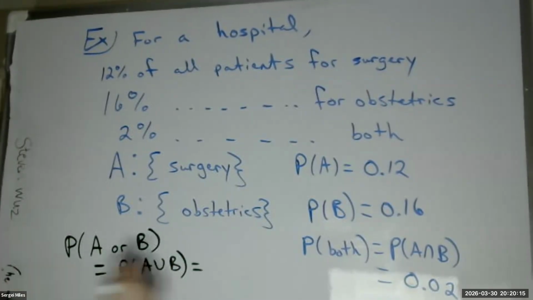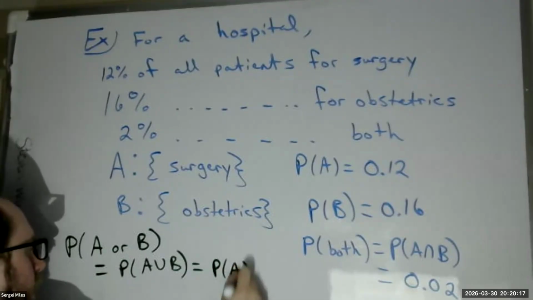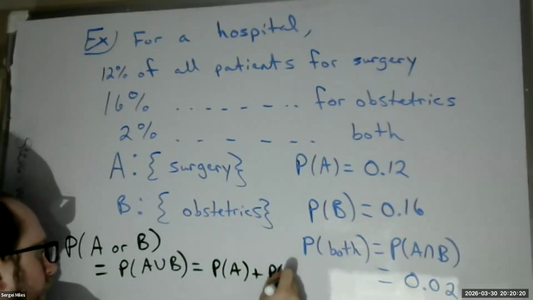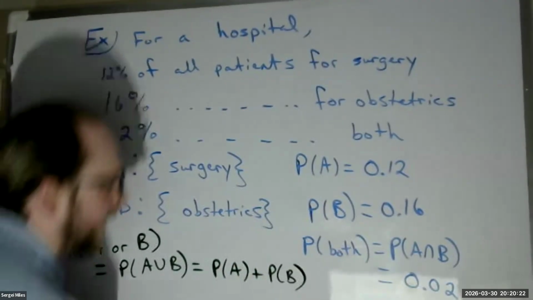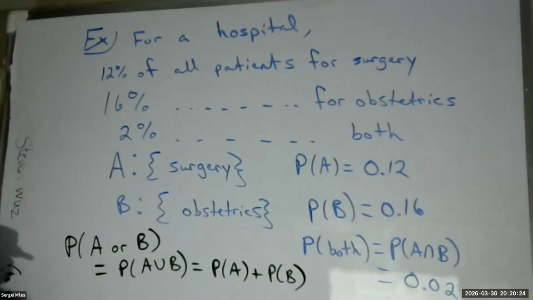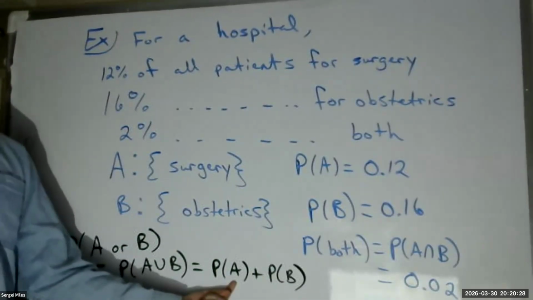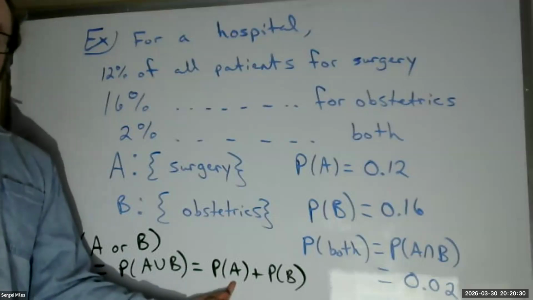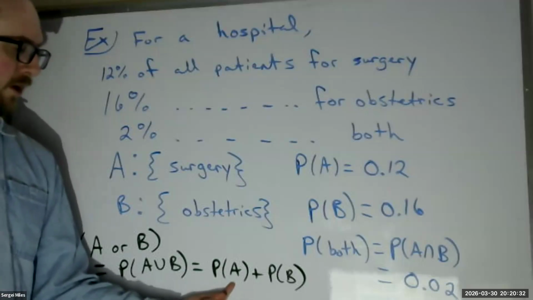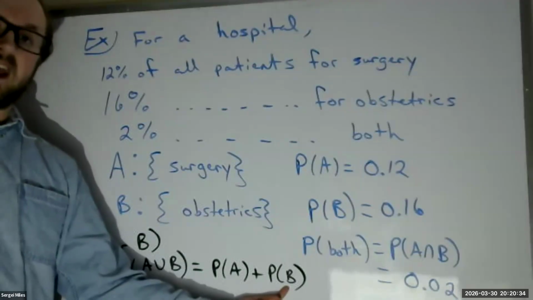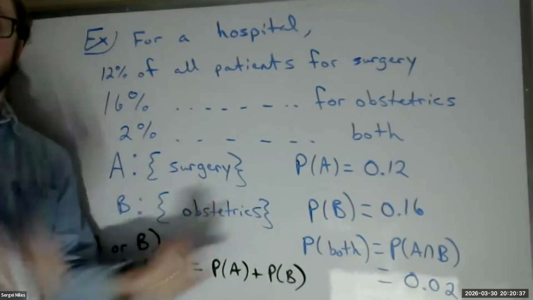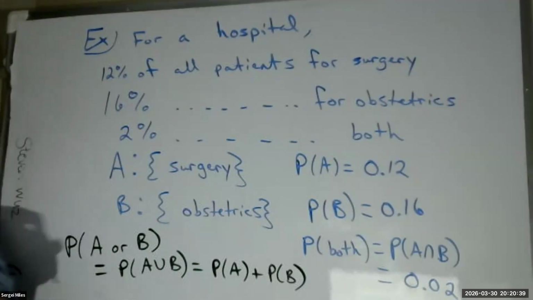And at first, I could just try to add them together, right? However, what's the issue, as we've highlighted here? The problem is that, well, some of the people here for surgery, some of this A event, this A set, some of those people are also getting obstetrics at the exact same time or during their same stay at the hospital.